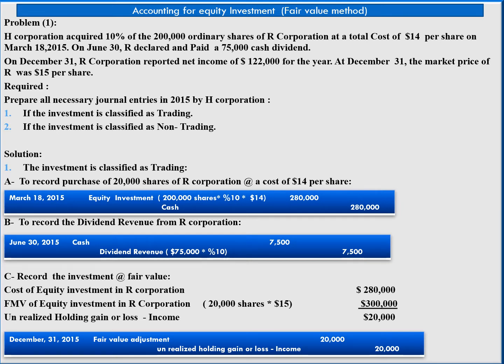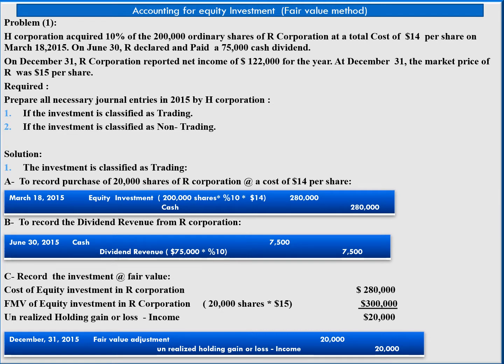C: record the investment at fair value. We agreed that at the end of the accounting period, assets are shown at their fair market value. So we compare the fair market value and the carrying value, or the cost, of the investment.